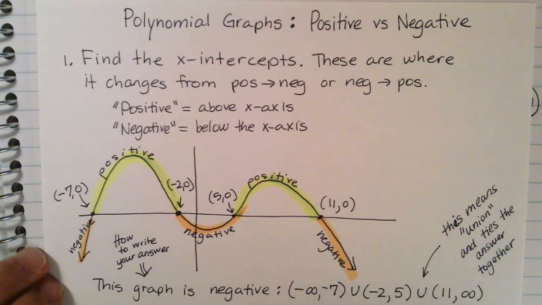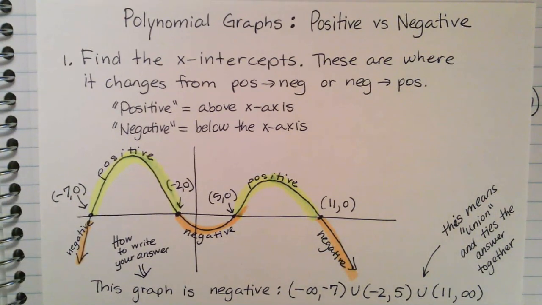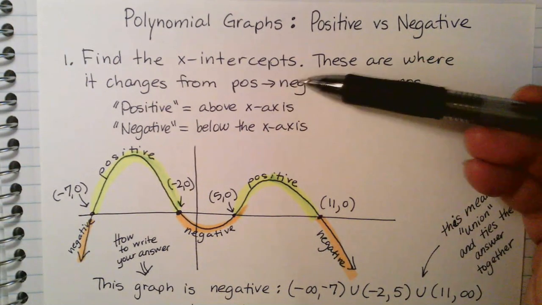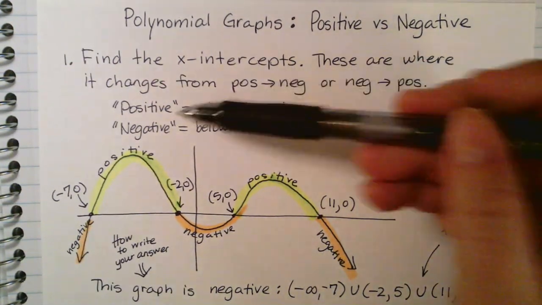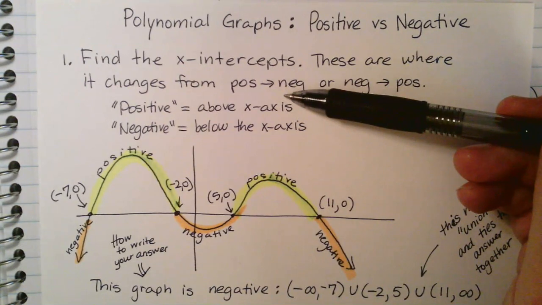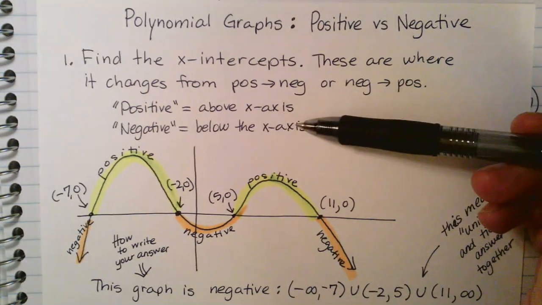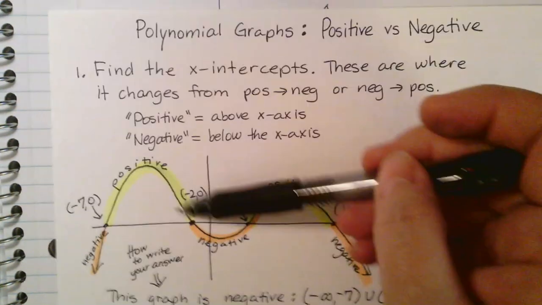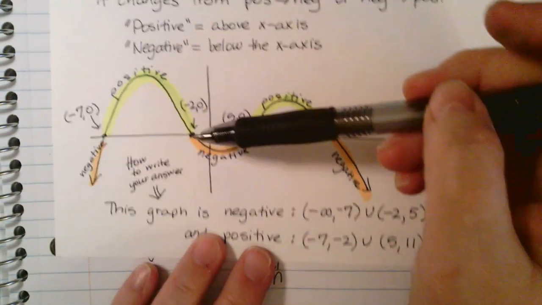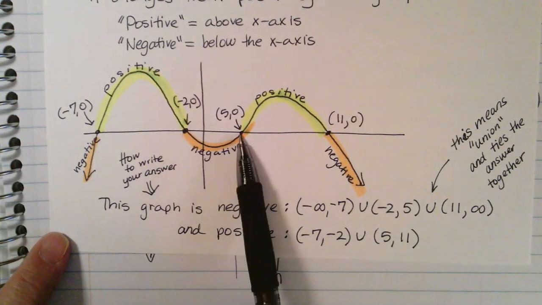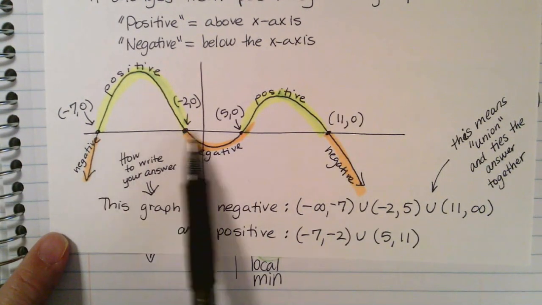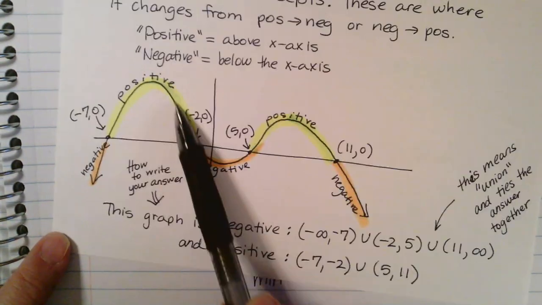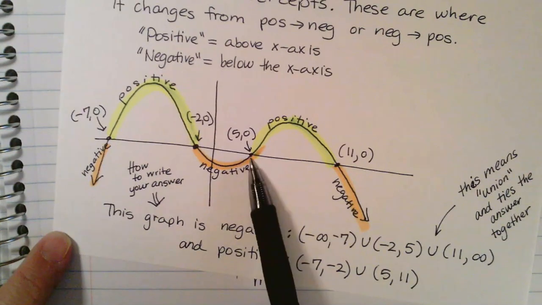We need the x-intercepts because these are where it changes from positive to negative or negative to positive. Why? Because positive means above the x-axis. Negative means below the x-axis. How do you get from above the x-axis to below the x-axis? Well, you got to pass through the x-axis. So those points, the points where it passes through the x-axis, the x-intercepts, those are important to us because that's where it changes from negative to positive, or positive to negative, and so on.